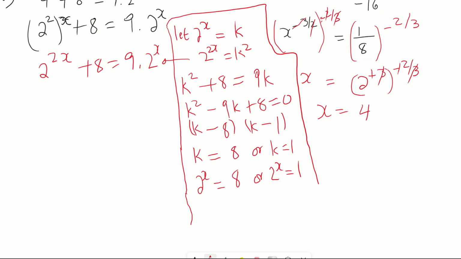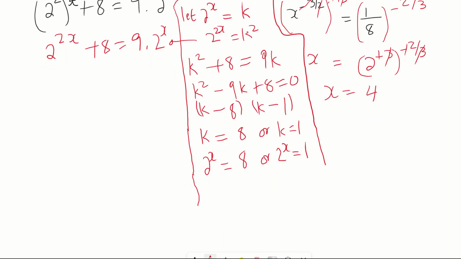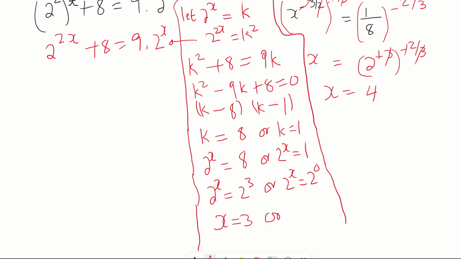I can write 8 with the base of 2, so 2 to the power x is equal to 2 to the power 3, or 2 to the power x is equal to 2 to the power 0. Now I can just drop the base and say x is equal to 3, or x is equal to 0. I have solved for my x using the strategy of k.